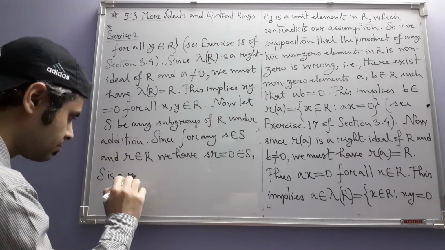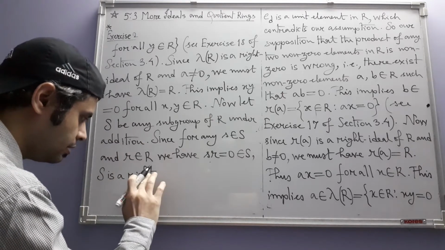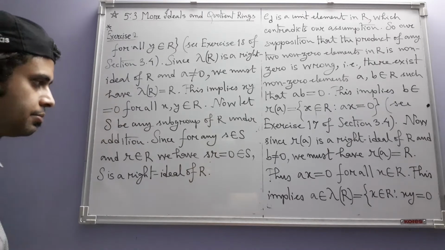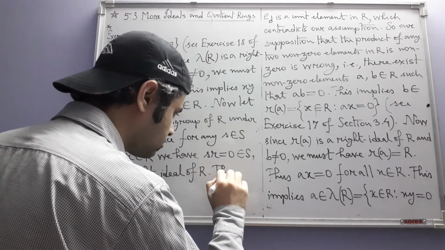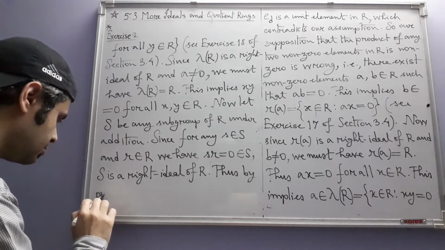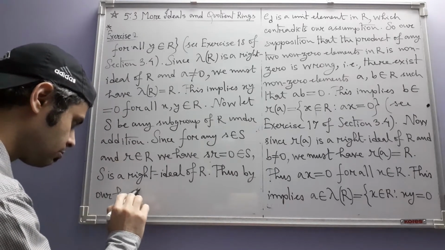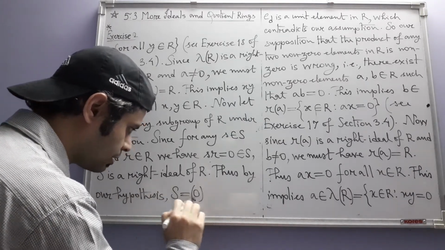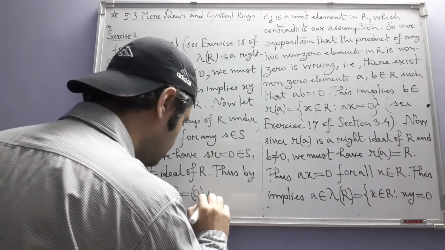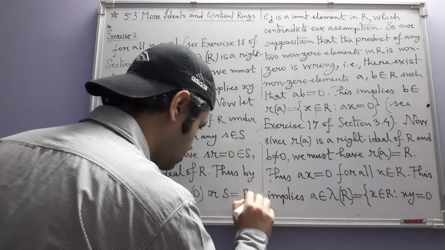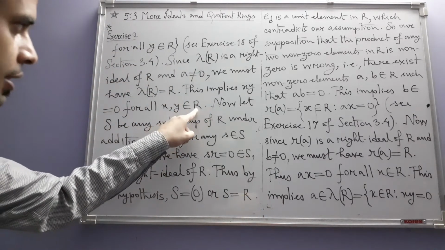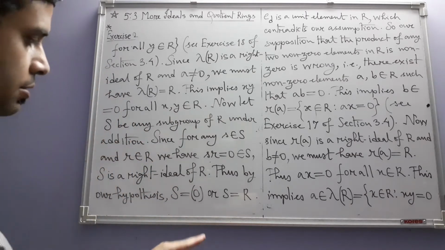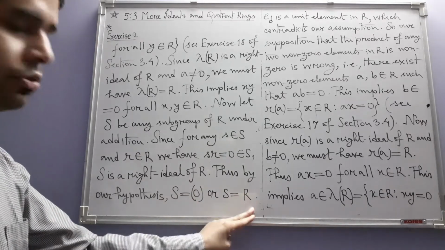S is a right ideal of R. Thus, by our hypothesis, S is either equal to the 0 group or the trivial group, or S is equal to R. So that means the ring as an additive group has only two subgroups, the trivial group and the group itself.